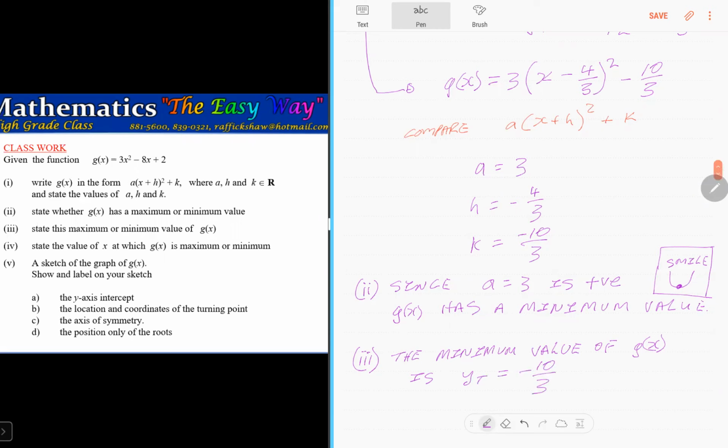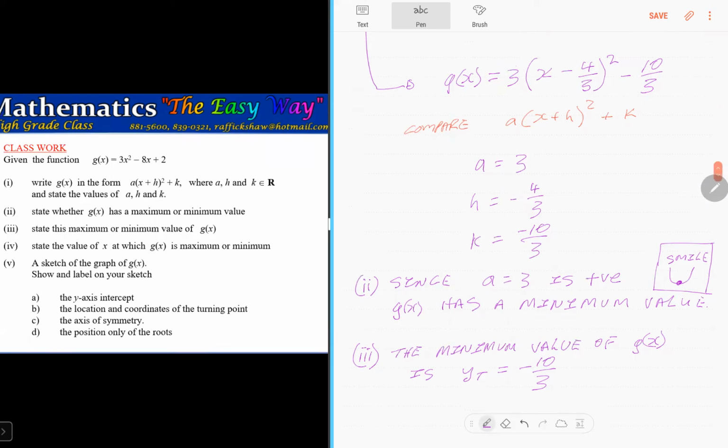They didn't ask us for the minimum point. Some persons were answering the minimum point. The minimum point is xt, yt, the values in a bracket like coordinates of a point. This is asking us for the minimum value, which is the lowest y value on the graph.